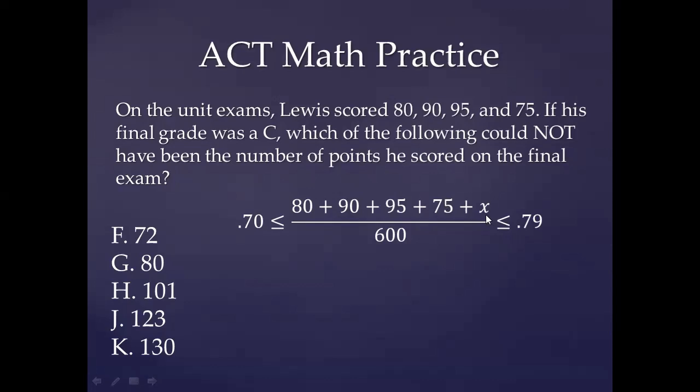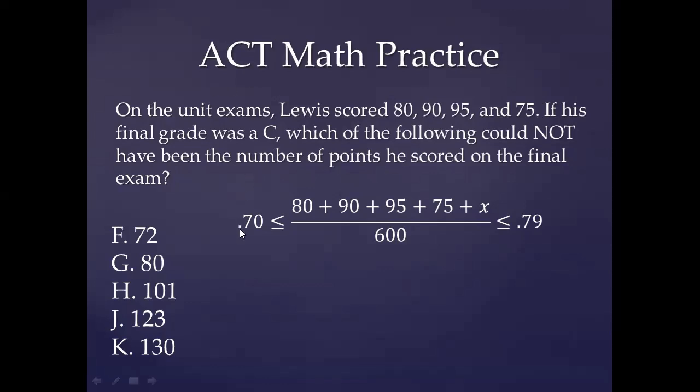If we add the final exam's score to that, we get the total number of points for all of the unit tests and the final exam. If we divide that by the 600 total possible points, we end up with a percentage that is Lewis's final score.